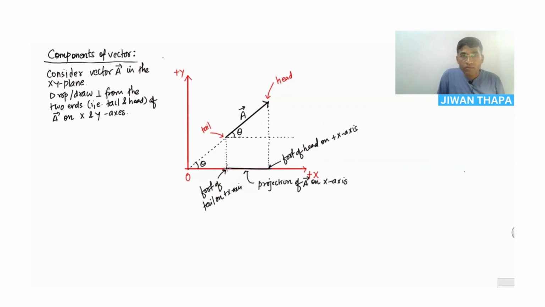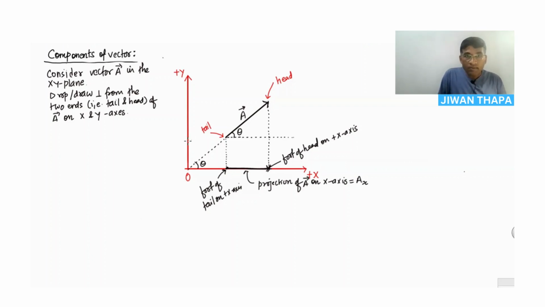And if we move from the foot of the tail to the foot of the head along this direction, then this represents the component of vector A along the x-axis. So the projection of vector A on the x-axis is the component of vector A along the x-axis. We need to note this.